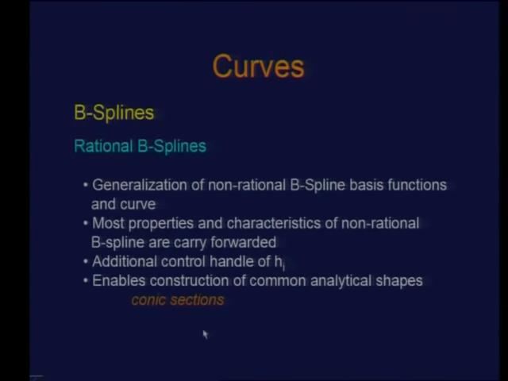And one of the motivations to have these rational B spline curves is to enable the construction of some of the common analytical shapes, such as conic sections. So, for instance, perfect circle, ellipse, parabola, right.